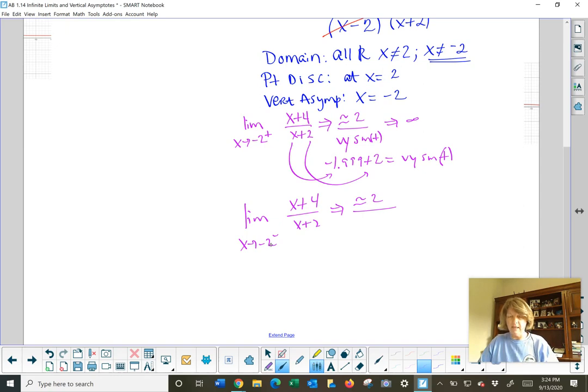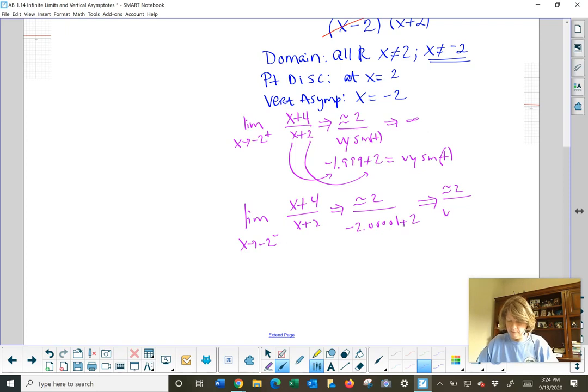And if I put in -2 from the left on the bottom, I'm thinking in my head like -2.00001. You can put anything that gets really close to -2, but from the left side, I can see my top is around 2 still, no change there, but the bottom would be something very small.